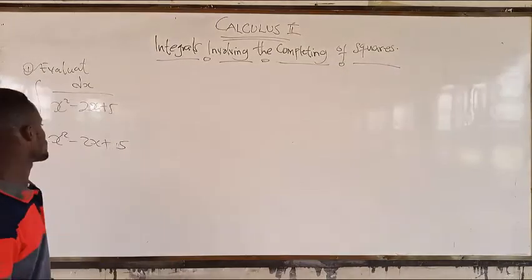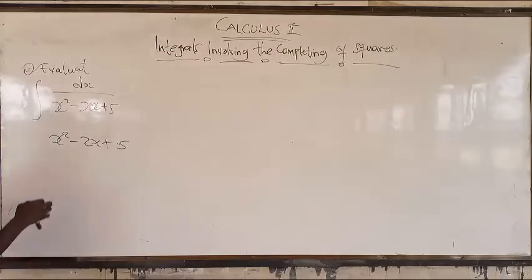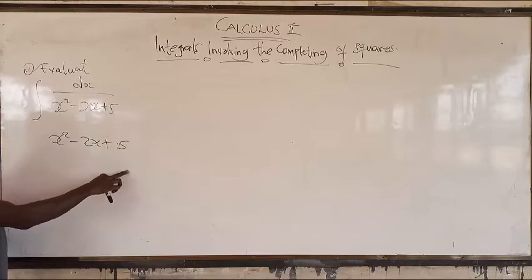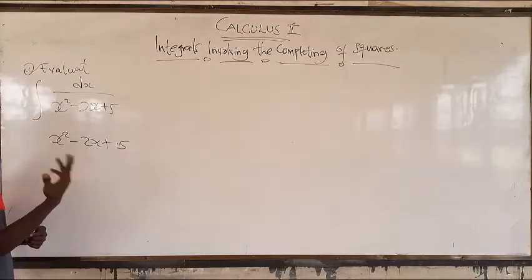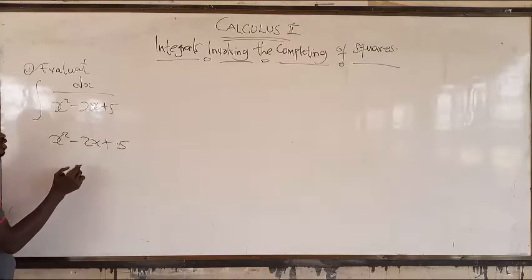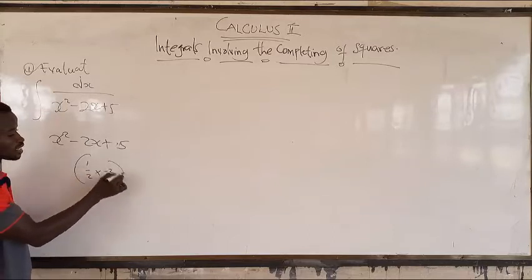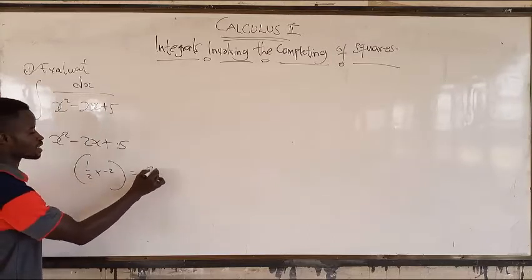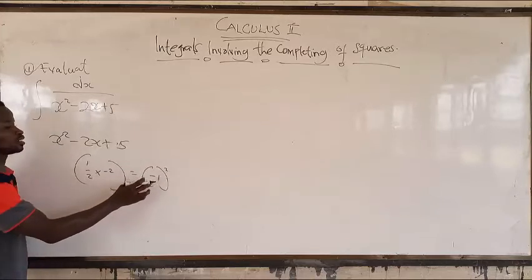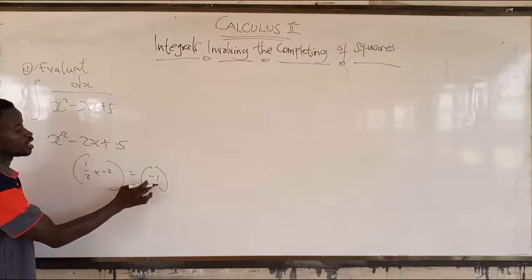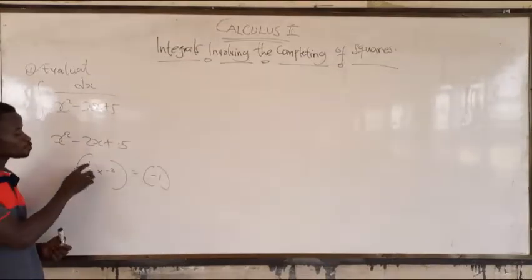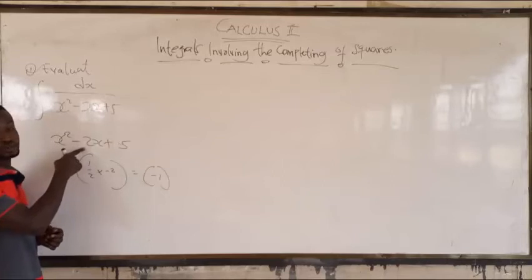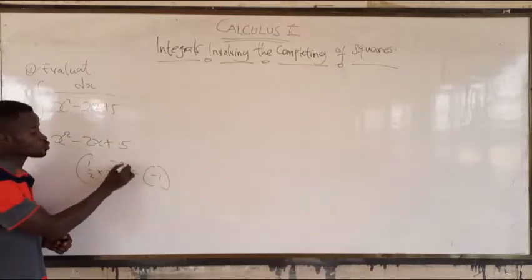That is when we multiply the coefficient here throughout. The coefficient here is 1, so when you multiply it throughout, it doesn't affect anything. Then we multiply half by the coefficient of the x, which is negative 2. So this is going to give us negative 1. You multiply half by the coefficient of x, then you square it.